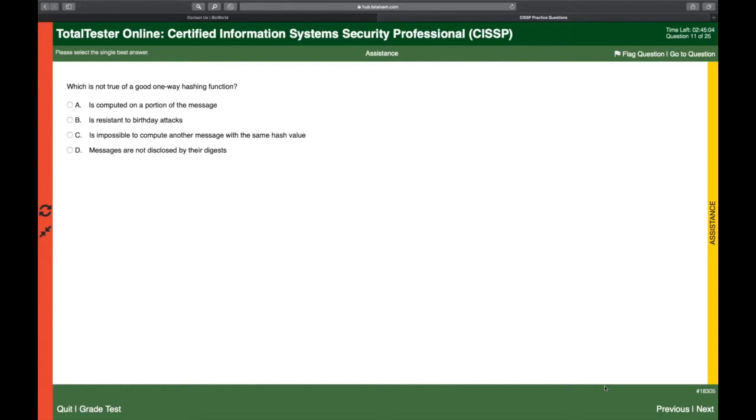Alpha. Yeah, that's what I'm thinking as well. Anyone else? All right. Is computed on a portion of the message. Hashes are computed on the entire message.